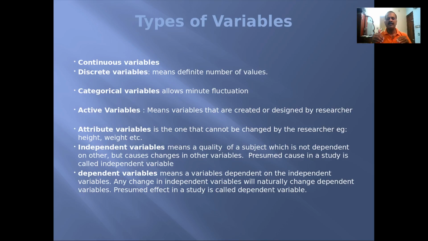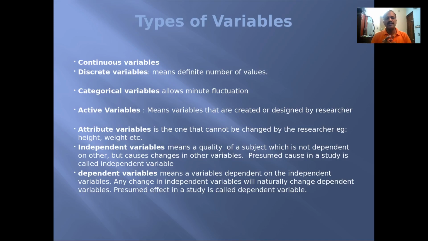So the father is an independent variable, not dependent on others, but causes change in other variables. If some change occurs in the father, if he becomes sick and is not going for a job for a long period of time, or due to corona shutdown, not going for a job, then that change in the independent variable will naturally change all the dependent persons, because they will not get the food, clothes, or a lot of things like previously.